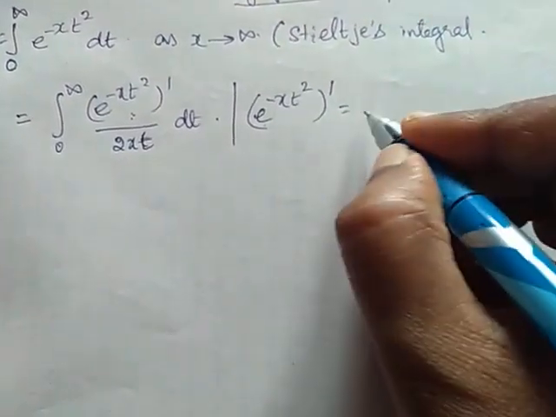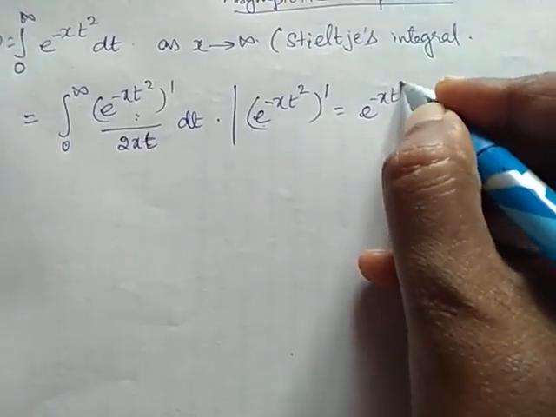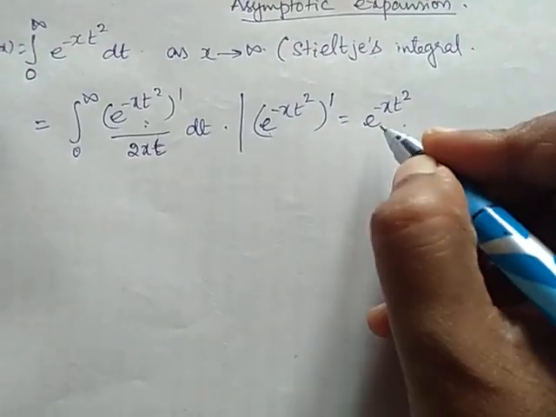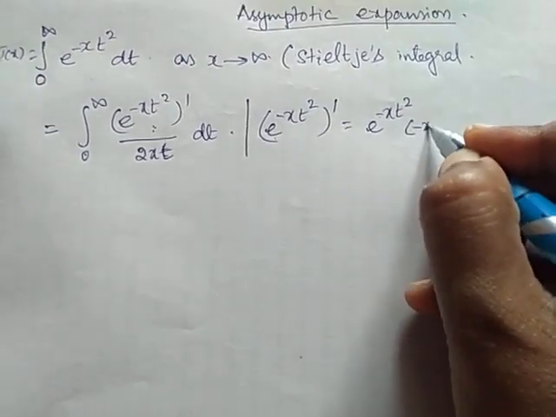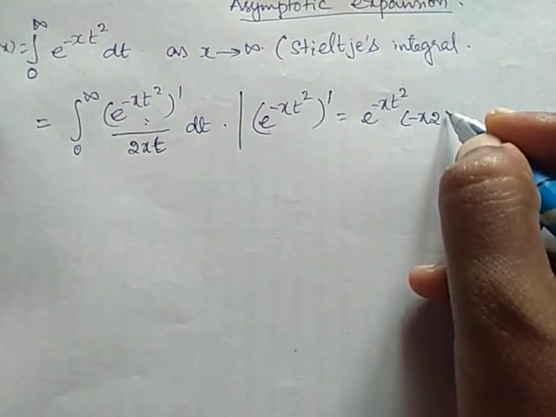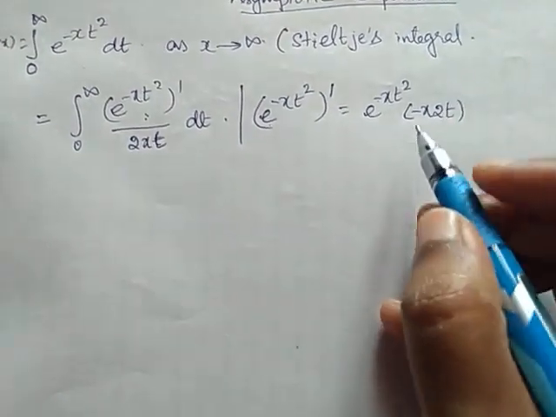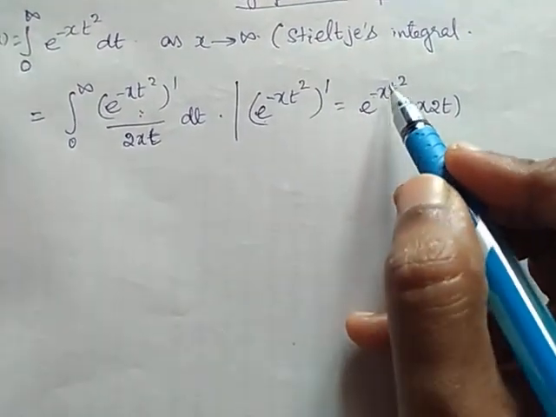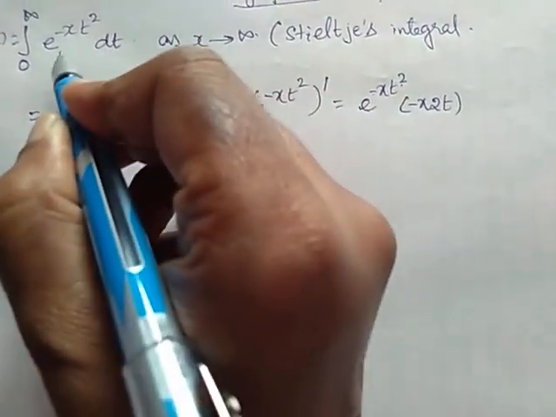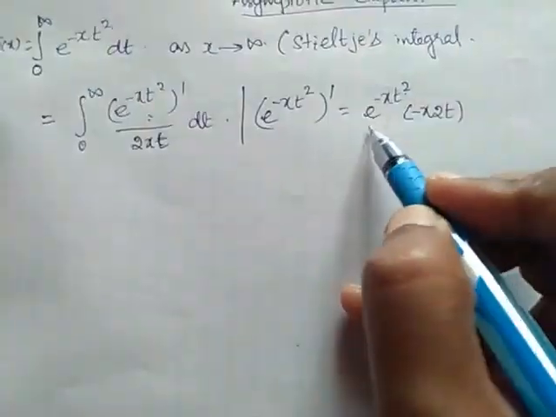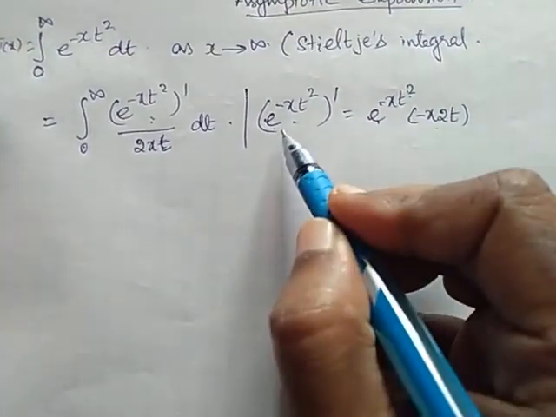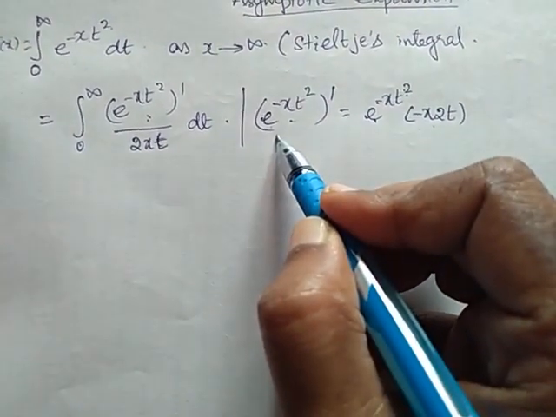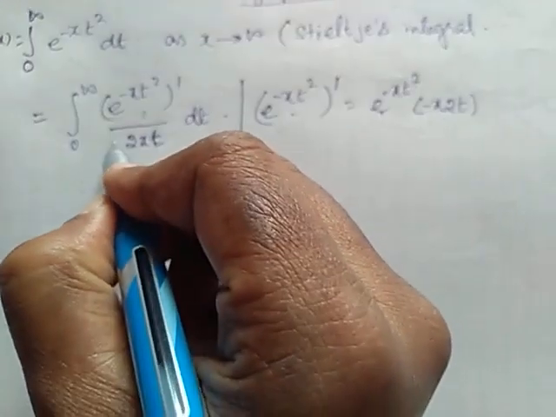Differentiation of e power x is e power x itself, into the differentiation of minus x t square with respect to t, which is minus 2xt. So e power minus x t square derivative divided by minus 2xt. Right? That's what I have written. Here we get minus 2 also.